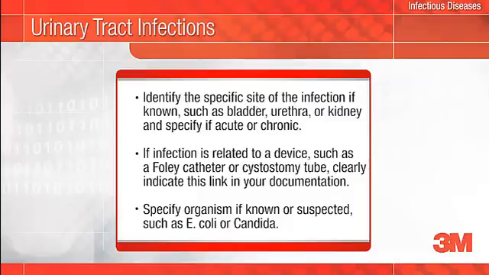If the infection is related to a device, you must document this relationship, such as UTI due to indwelling Foley catheter. Lastly, if you know the organism causing the infection, make sure to document the cause and effect relationship in your note, such as E. coli UTI.